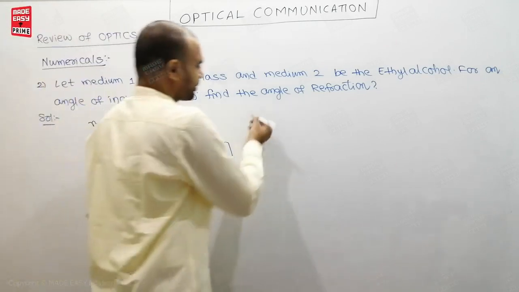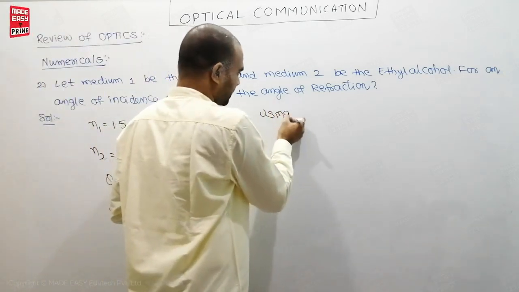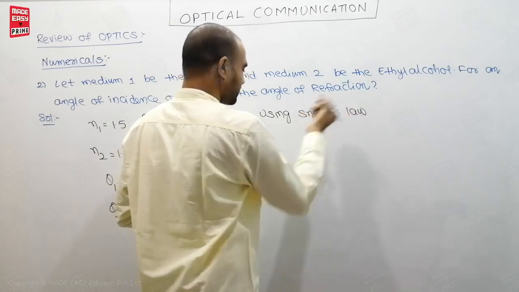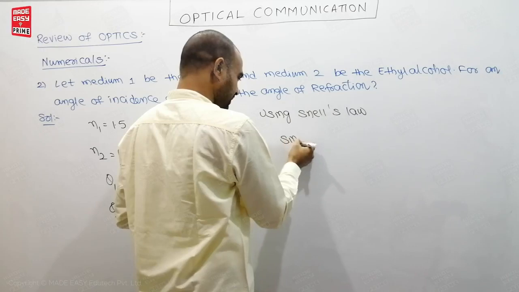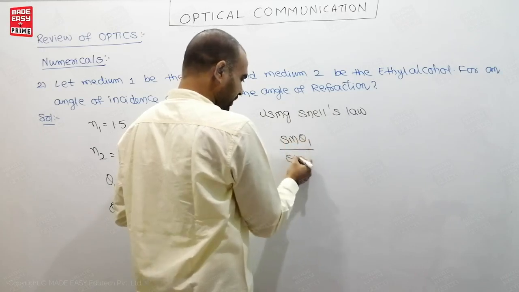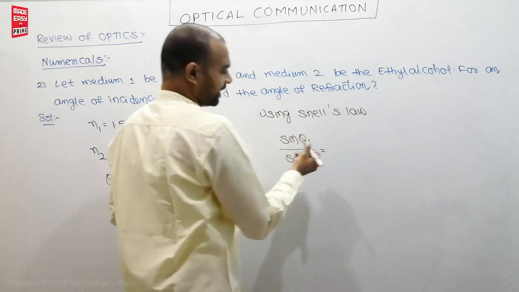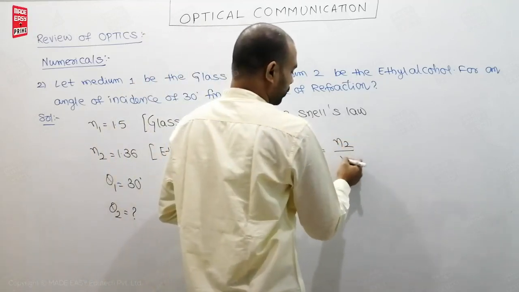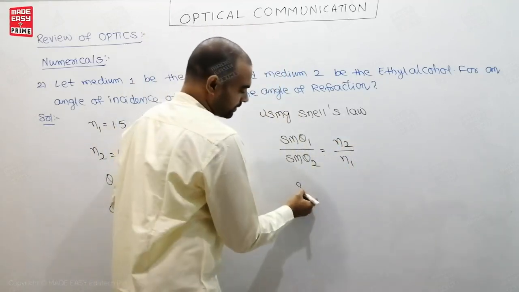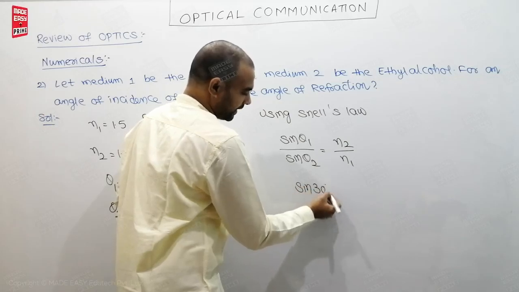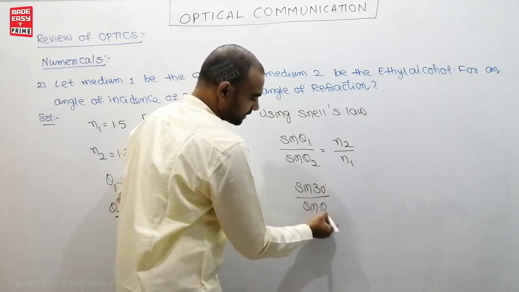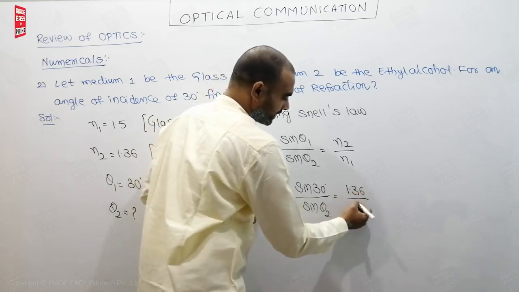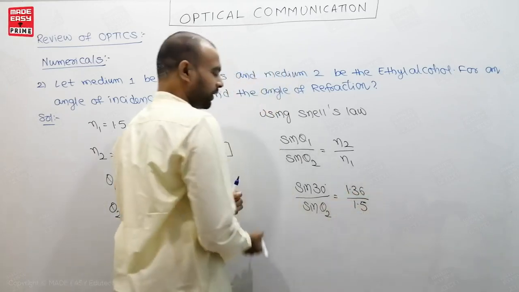According to Snell's law, sin theta 1 upon sin theta 2 is equal to N2 by N1. So sin 30 degrees upon sin theta 2 is equal to N2 by N1, where N2 is 1.36 and N1 is 1.5.